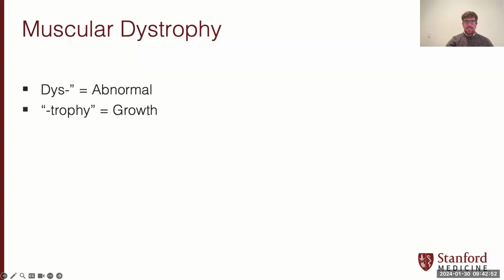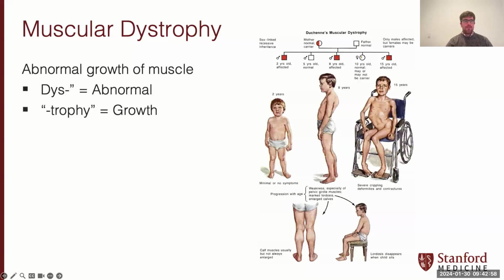So dys is abnormal, trophy is growth. So this is abnormal growth of muscles. The most common condition where this is true is Duchenne muscular dystrophy, which is a genetic condition.